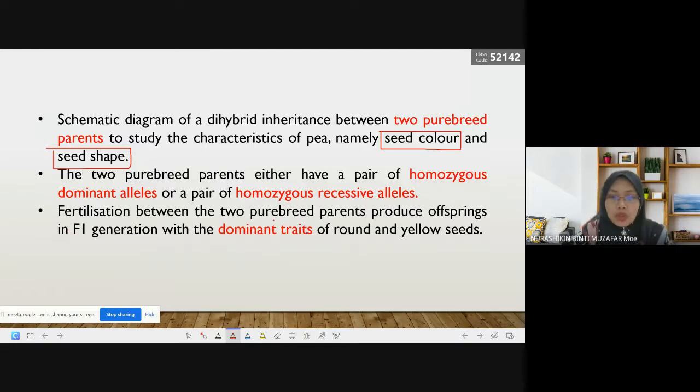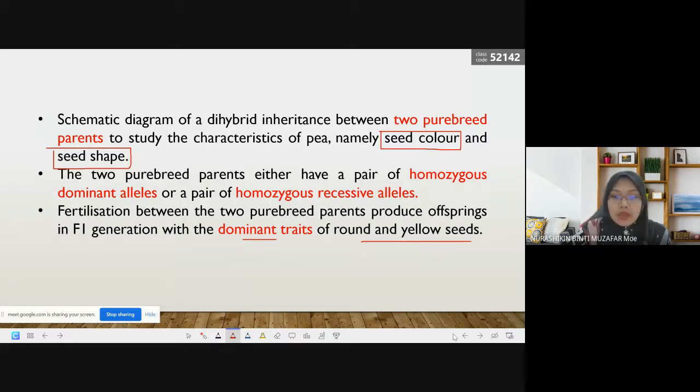Fertilization between the two purebred parents produces offspring of the F1 generation with the dominant traits of round and yellow seed. So we will see that the F1 generation, filial 1, the first generation, are all dominant traits, which is round and yellow seed.